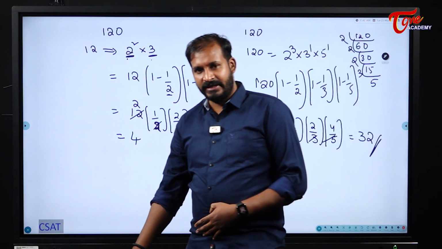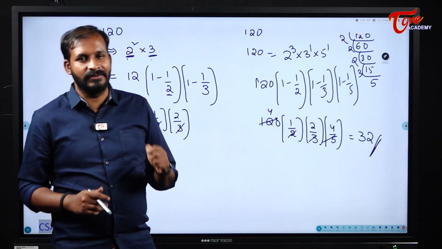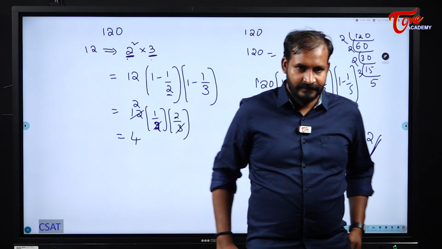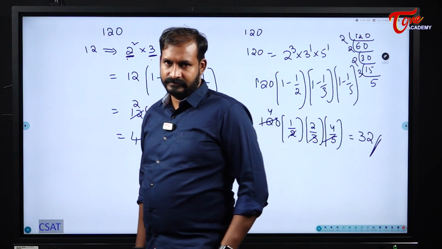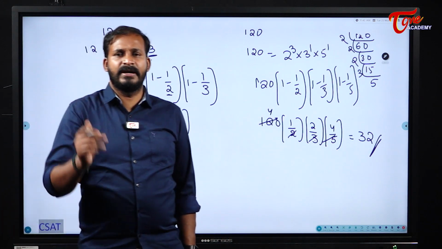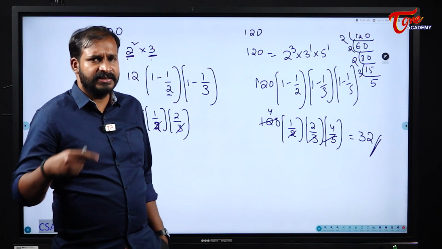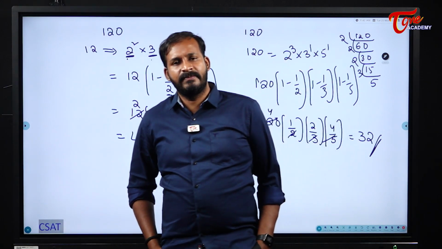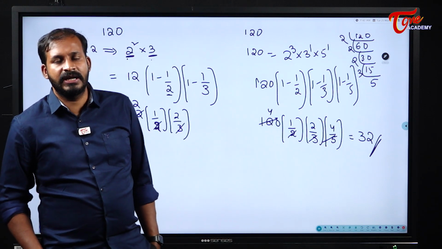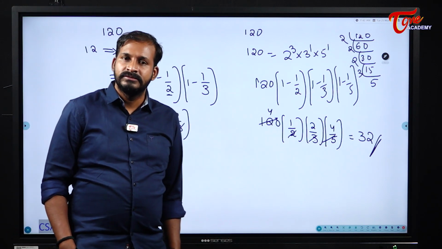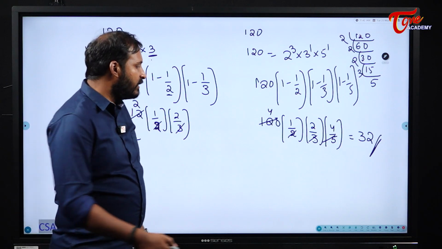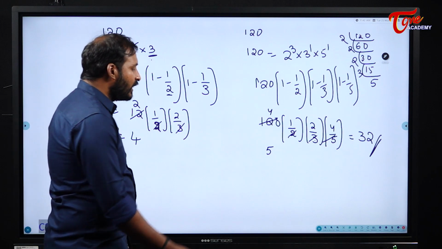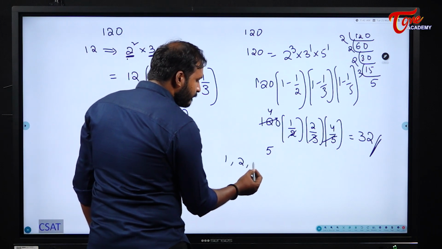Now students, tell me, from these concepts we should draw one important thing. What is the Euler number of a prime number? Any prime number. Let that prime number be n, or a, or p, whatever it is. Tell me, what will be the Euler number of that prime number? n minus 1. Am I correct or not? For example, if I want to write the Euler number for 5, I will write all the numbers below 5.